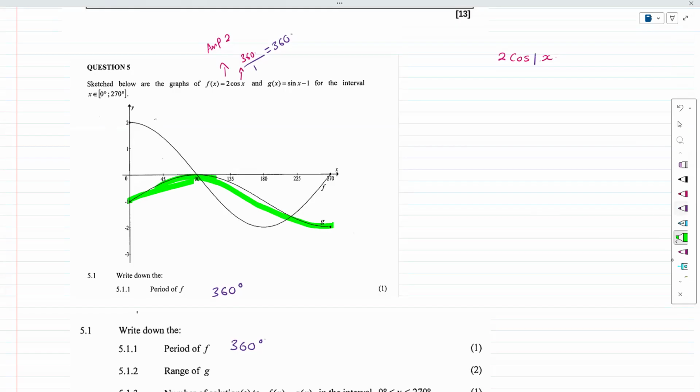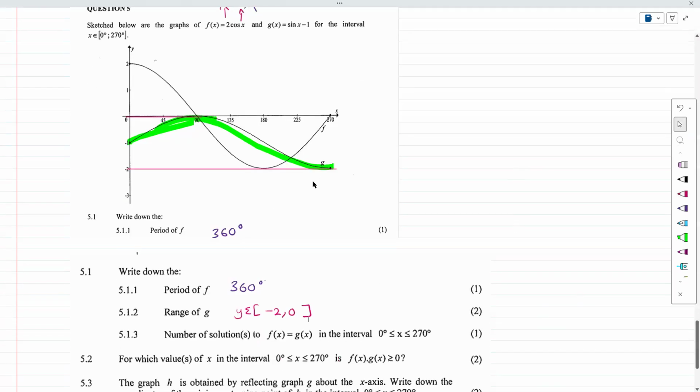And the range would be the lowest part of the graph, which is there, to the highest part of the graph, which is there. So the range would start at -2. There's many ways we could write it. y is an element of square brackets starting at -2 and ending at 0. Because the range is talking about where we start, from the lowest point to the highest point.